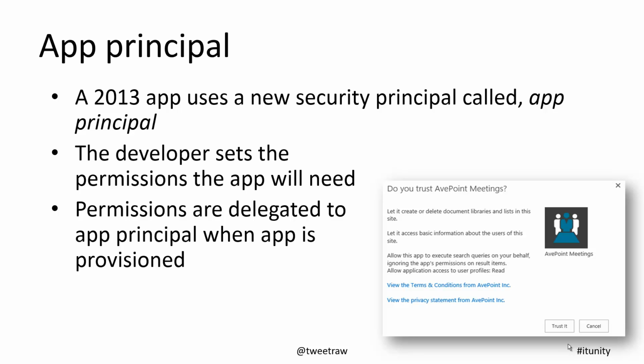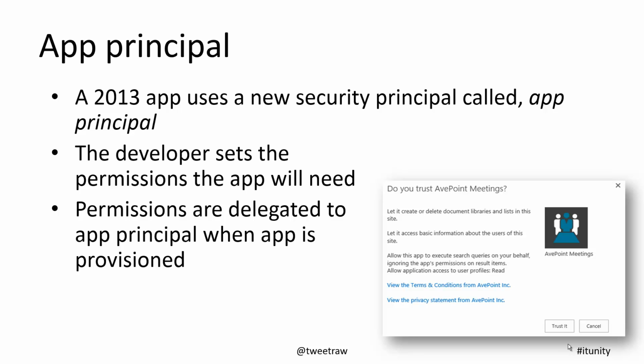Code is pretty much either running in the context of the user, which could be too much or too little permission, or it could be elevated to this system level account, which is probably in most cases too much access. In other words, it's really hard to narrow in and provide the right level of access for the application. And that's because it was really all based on the concept of user principals in the past.